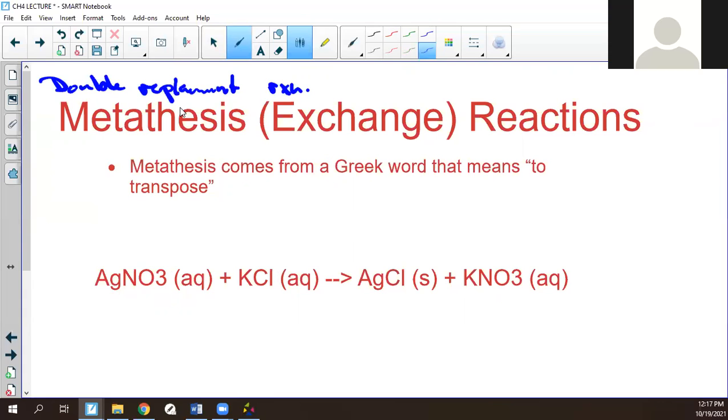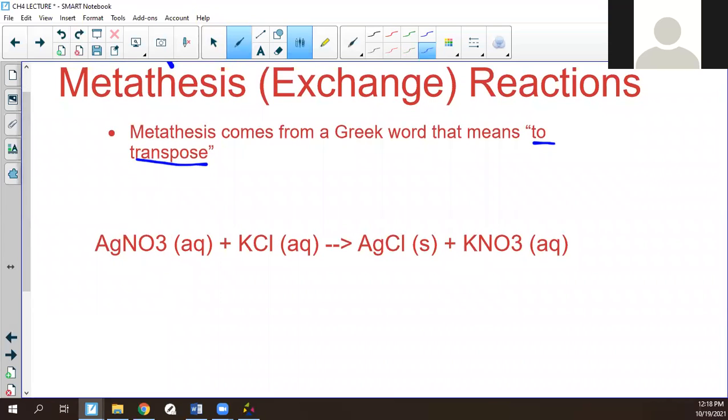In a double replacement or metathesis reaction, metathesis means to transpose or to change. What happens in these reactions is the metal typically switches partners. So K will come over here and Ag goes over here. You just cut the front off and move it and exchange them.